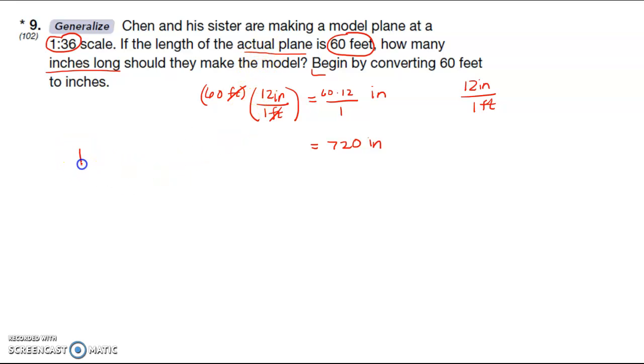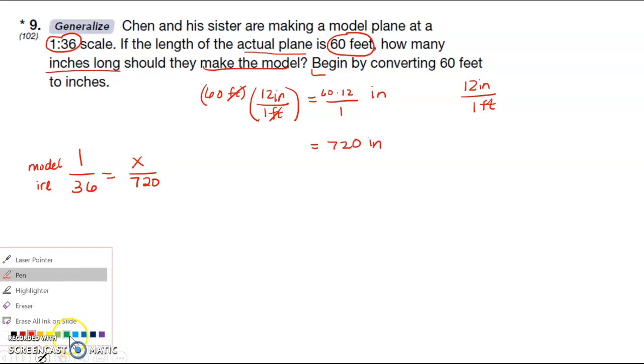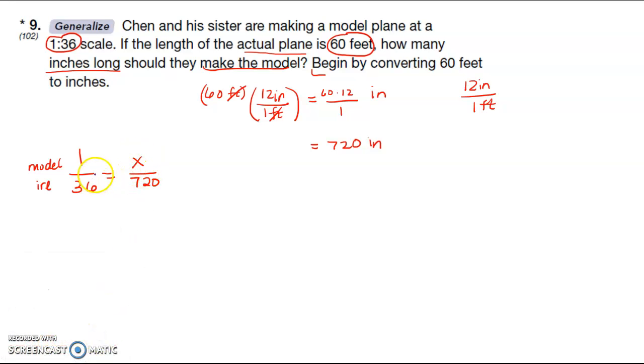So I know that I have 1 to 36, and this is the model to real life, IRL, in real life. And it says the actual plane is 720. So how long should they make the model? So I'm going to change colors here really quick.